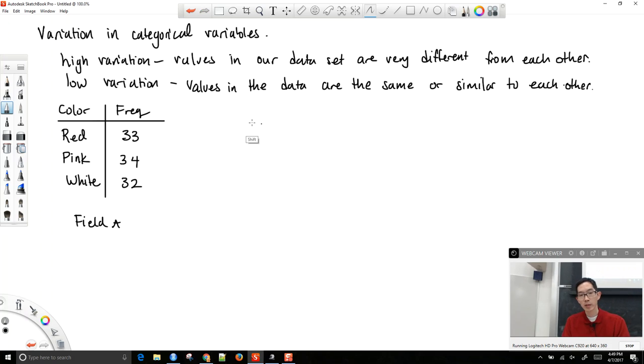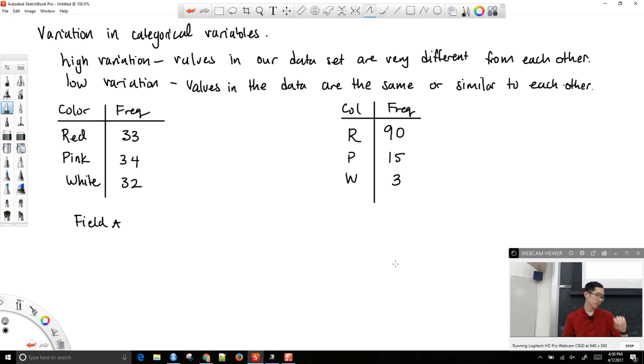Over in field B, we'll have the color and the frequency: red, pink, white. We'll say there are 90 red flowers, 15 pink flowers, and 3 white flowers. So this is what we have.